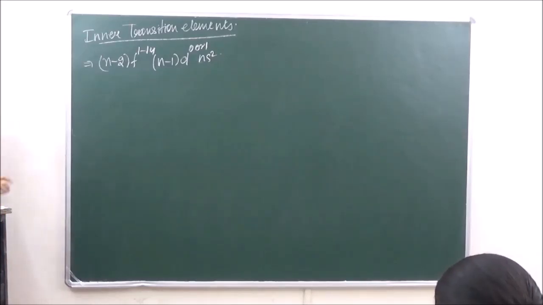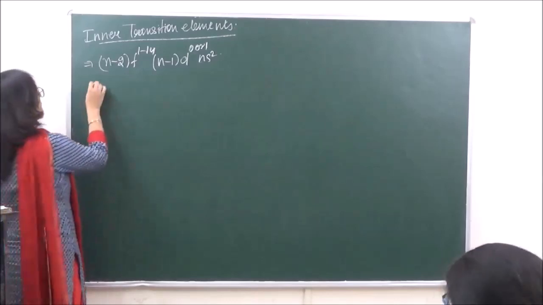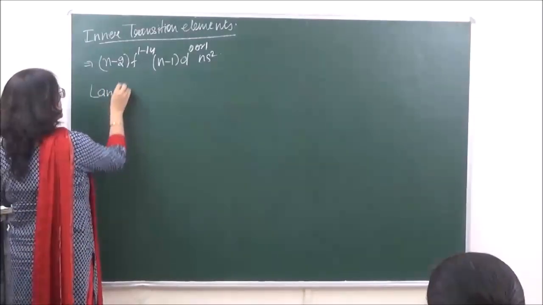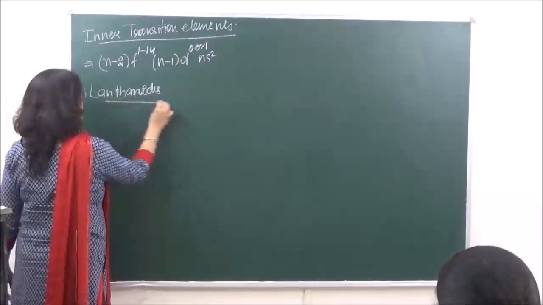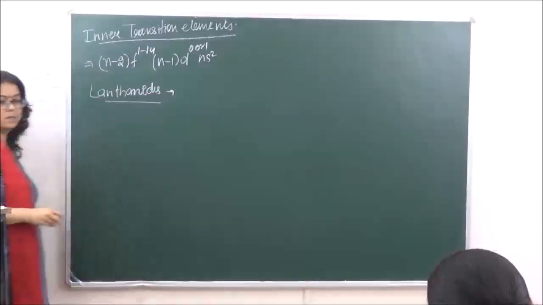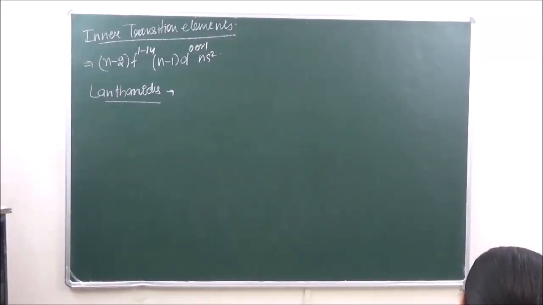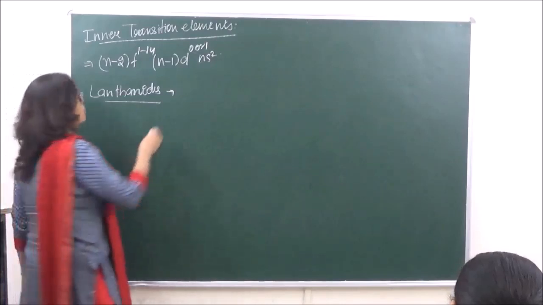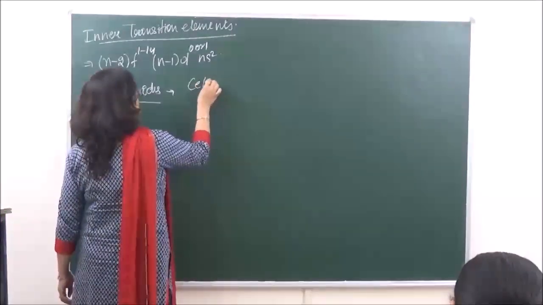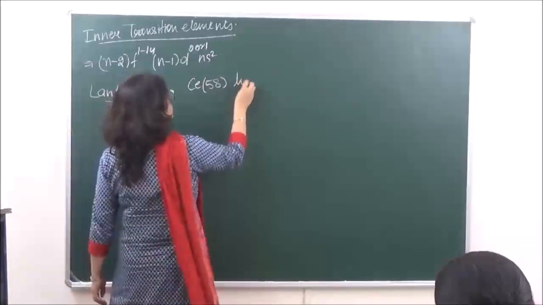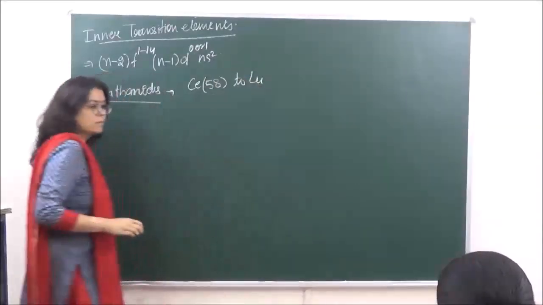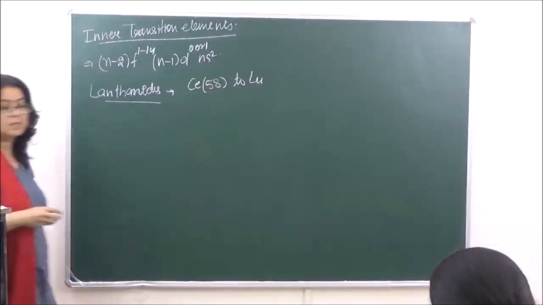There are only two series present over here. The first one is known as lanthanides. It consists of 14 elements starting from cerium with atomic number 58 to lutetium with atomic number 71.